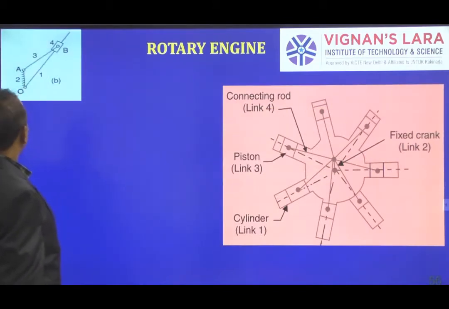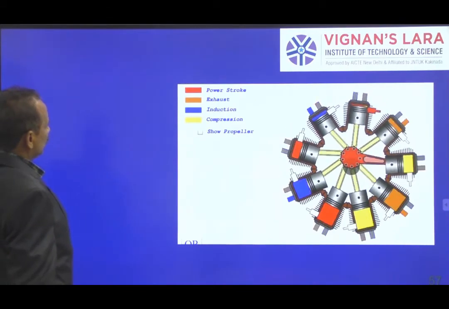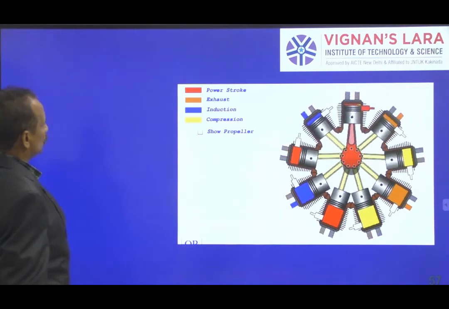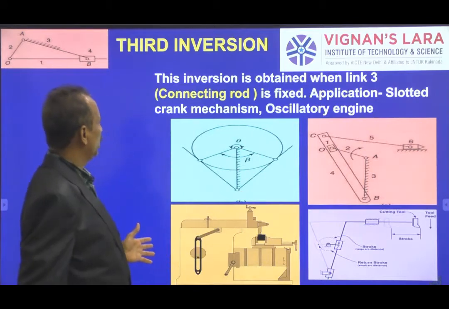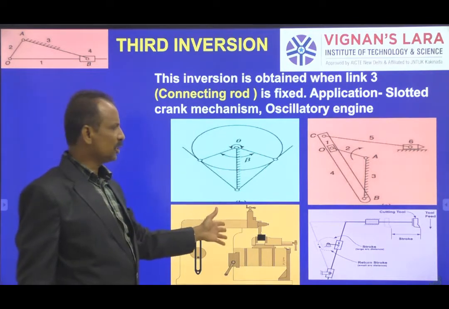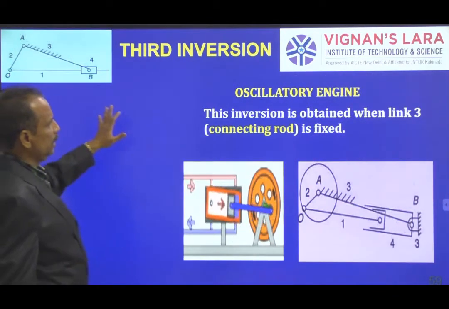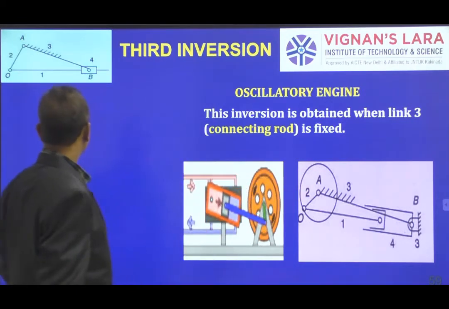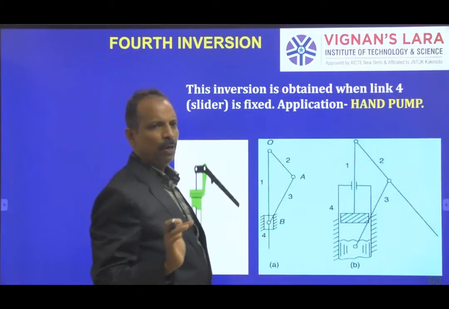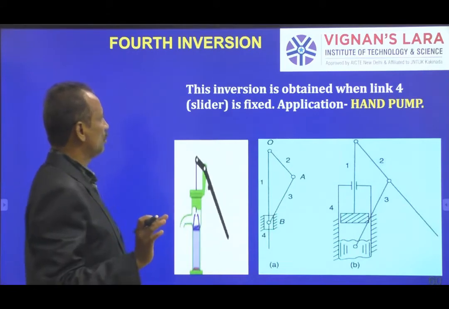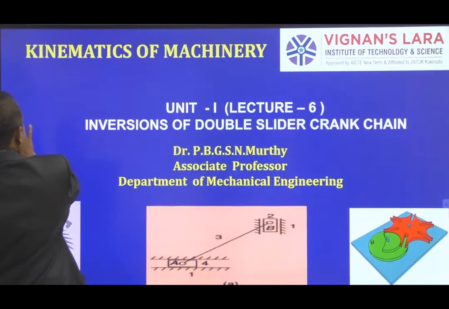Then the third inversion is the slotted lever mechanism, and an application is the shaper. Then the oscillating cylinder engine, this is another inversion. And finally, by fixing the slider, this is a hand pump. These are the 4 inversions which we saw in the last lecture, the single slider crank chain inversions.